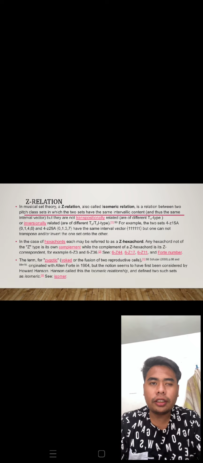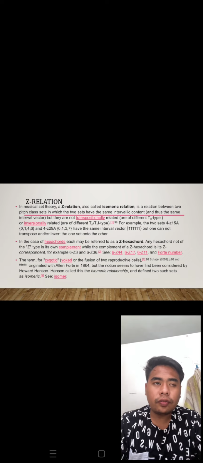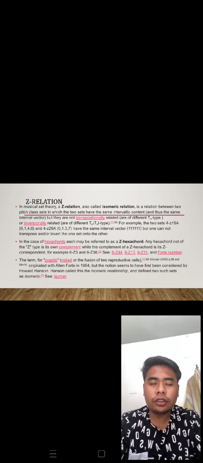For example, 6-Z3 and 6-Z36, 6-Z44 equals 6-Z19, 6-Z17, and 6-Z11.